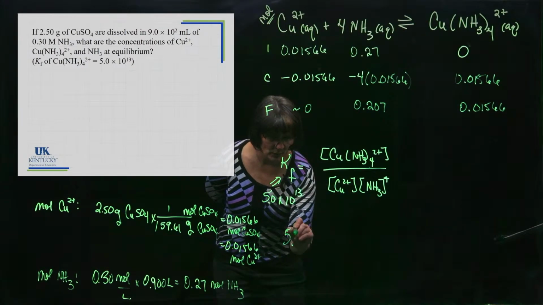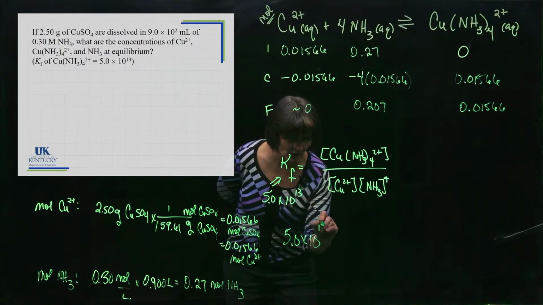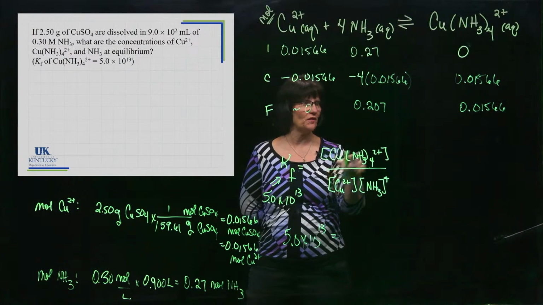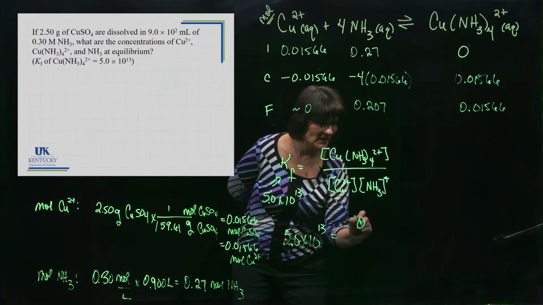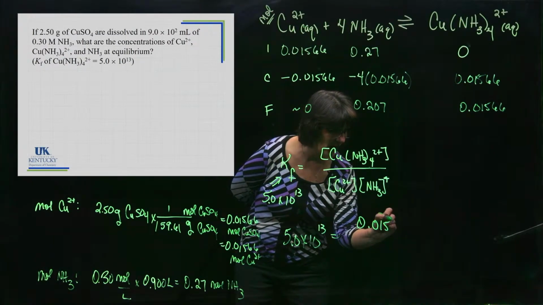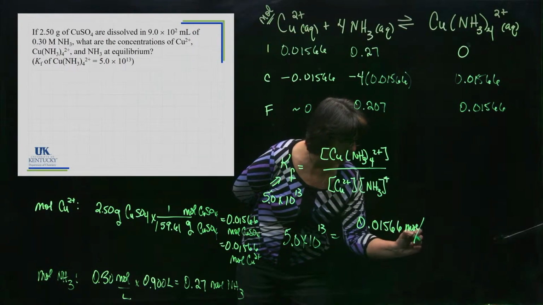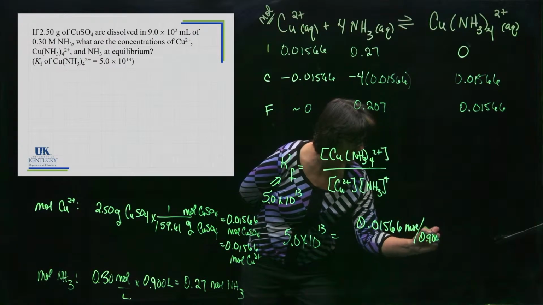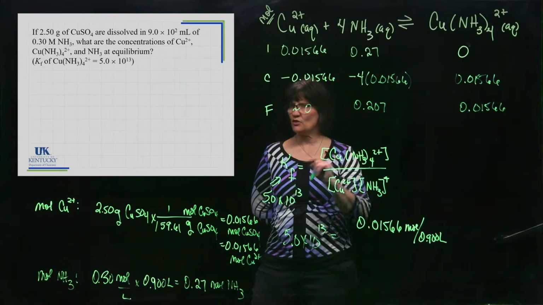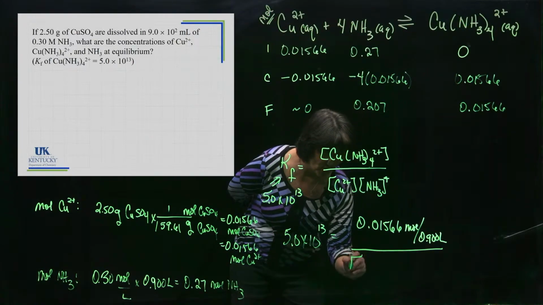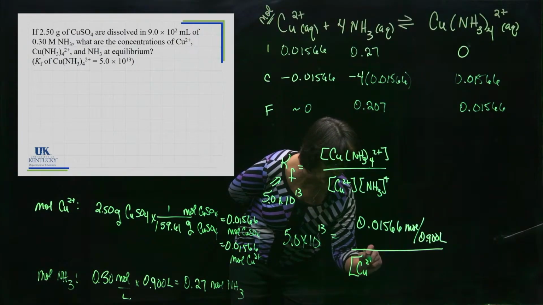Kf, which is 5.0 times 10 to the 13, is equal to the concentration of this. What's the concentration of this? Well, it's the moles, 0.01566. That's the moles, divided by the volume. I have 0.9 liters. So that would give me the concentration of that guy. The concentration of copper, that's what I'm trying to determine.